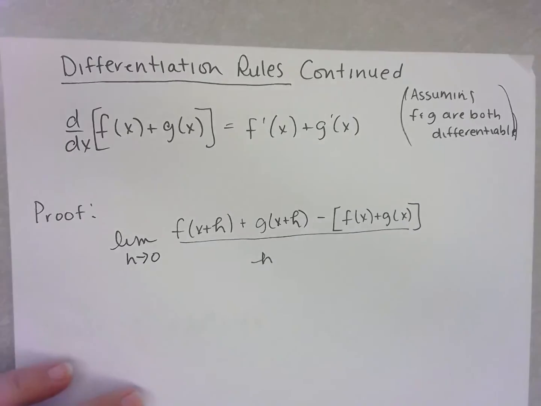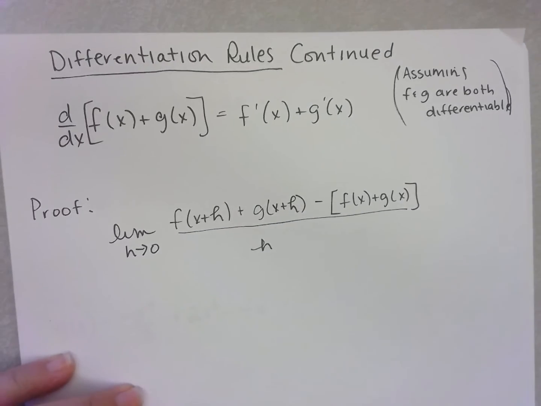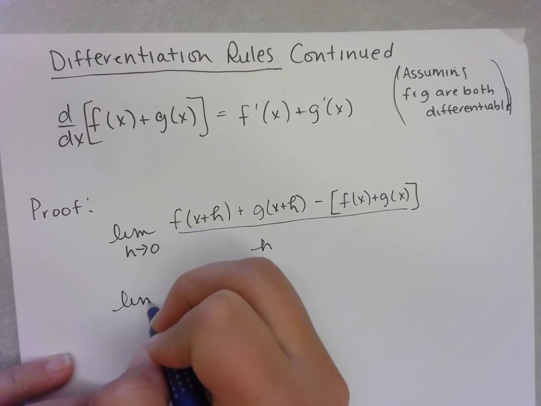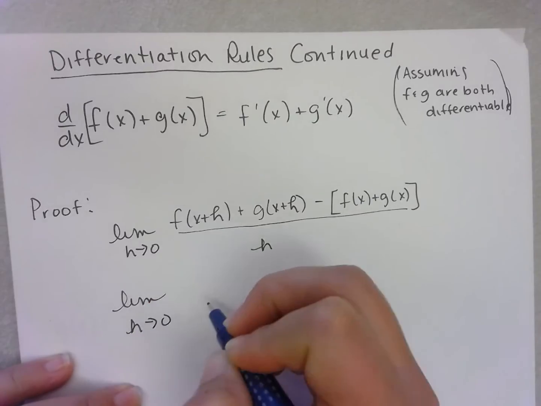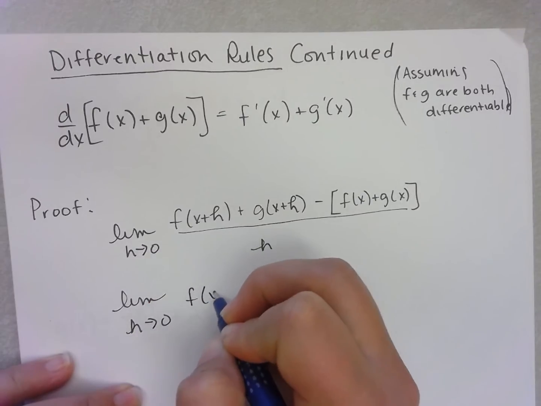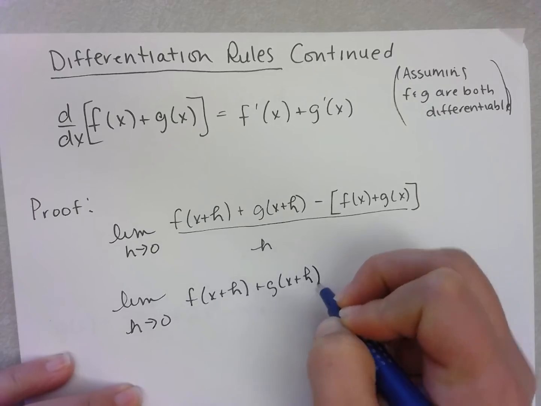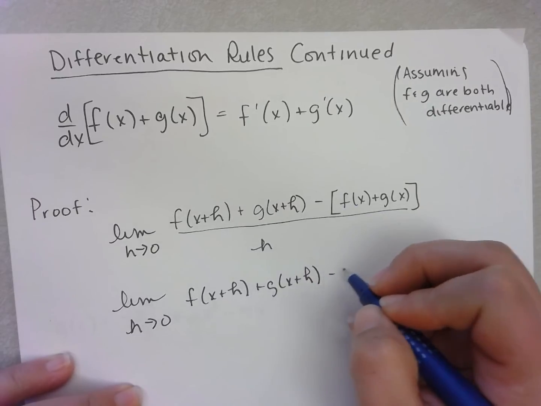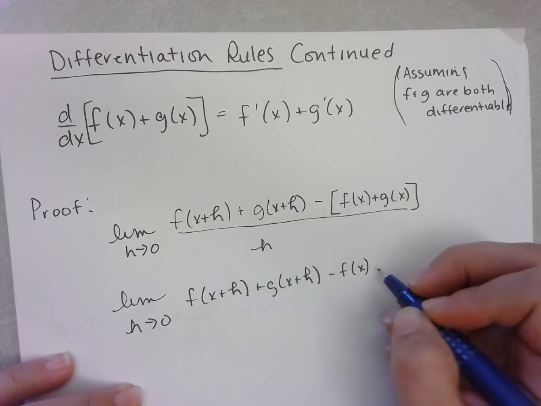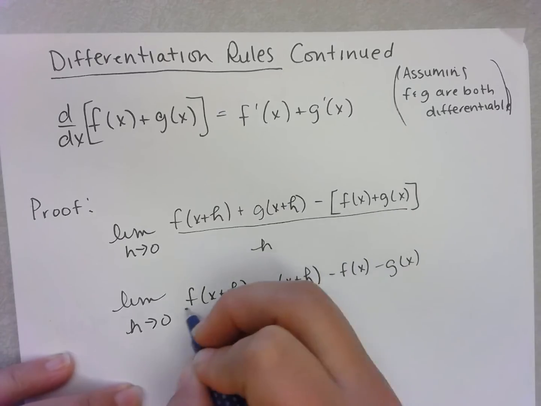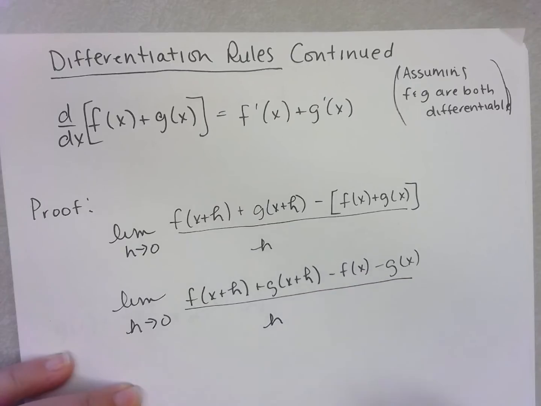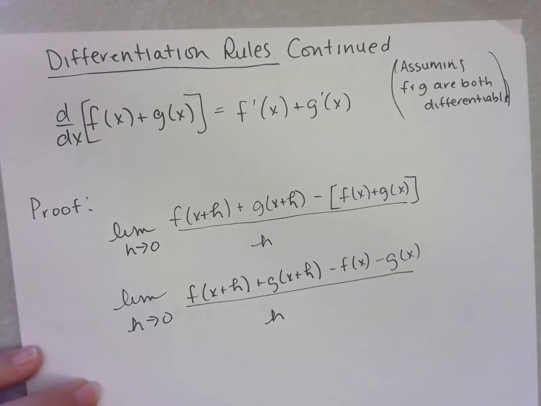Okay, so now I'm going to move around some parentheses here. I have the limit as h approaches 0 of f of x plus h plus g of x plus h. I'm going to distribute my minus sign here, get minus f of x, and then minus g of x, over h. Then I'm just going to move some things around.